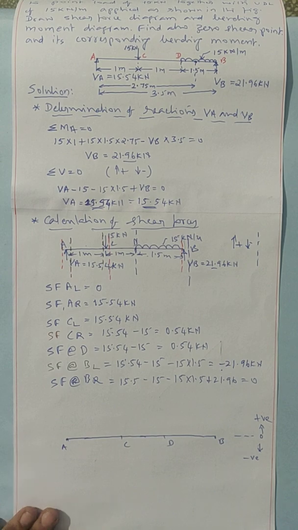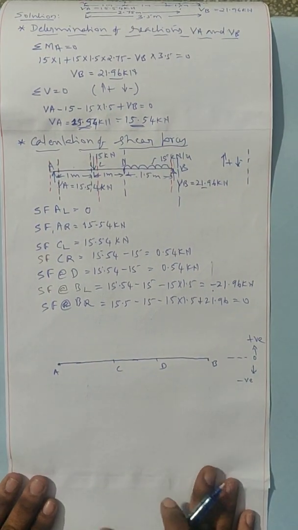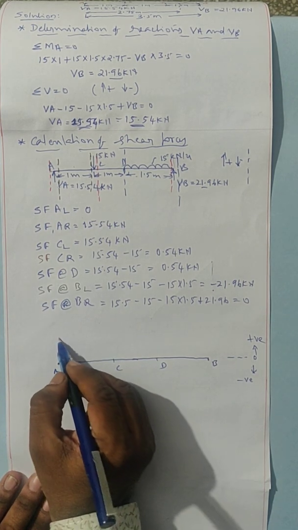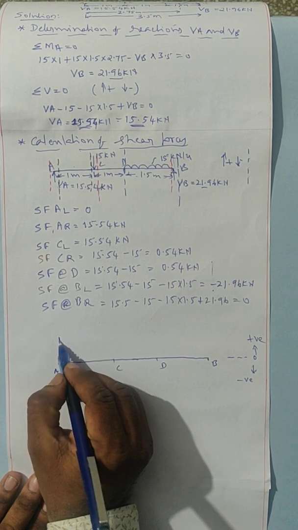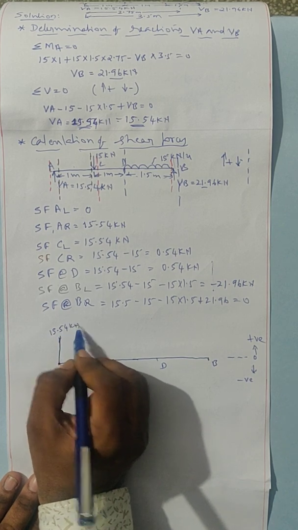Now I am marking the values. At A left it is 0, A right is 15.54. It varies from 0 to 15.54 kilonewton positive.